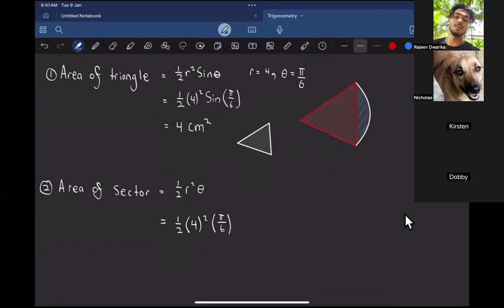Right. But we're not gonna use 30 degrees. This formula only works if you're using the angle in radians.